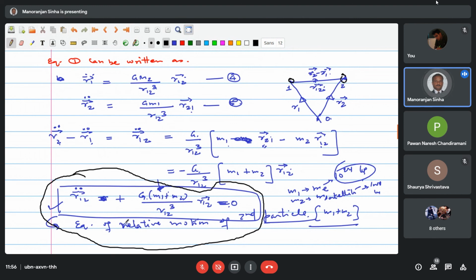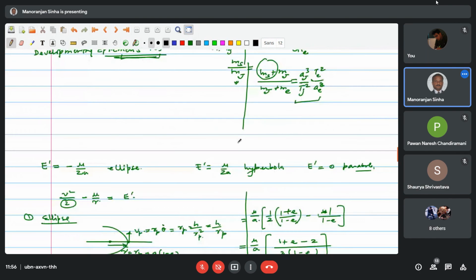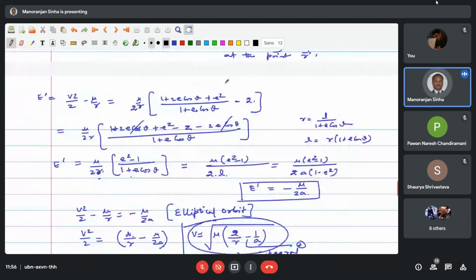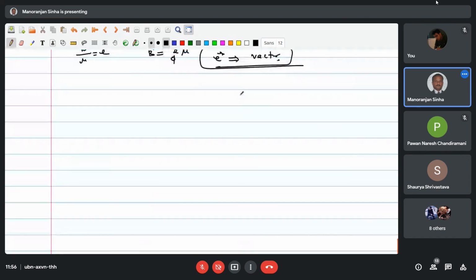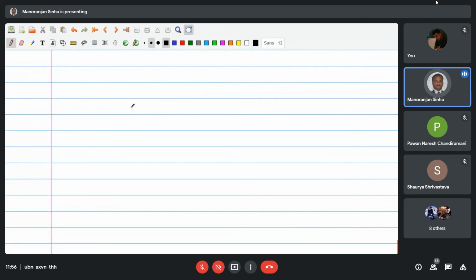His question is that in the two-body problem, what we have derived, d square r by dt square plus mu by r cube r equals 0, here h is turning out to be a constant vector.